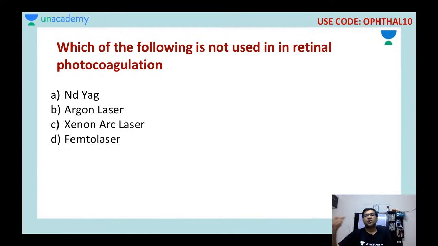The next question is, which of the following is not used in retinal photocoagulation? Remember, retinal photocoagulation is basically done in patients who have high risk proliferative diabetic retinopathy.